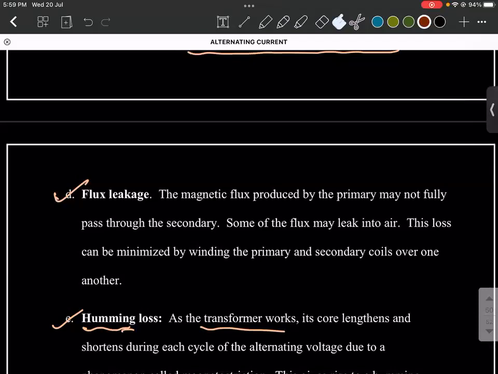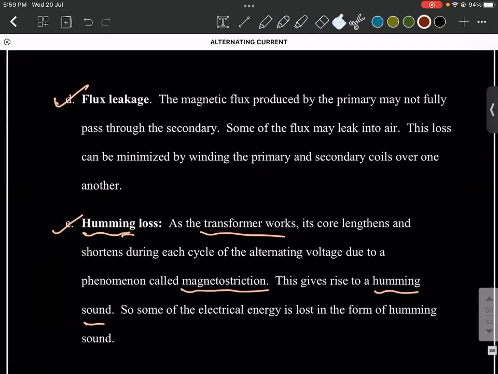And the last one is an extra point that I have added, which is called humming loss. Name is suggesting. Till now, the energy was lost in the form of heat or flux leakage. Humming, name is telling sound. Generally when the transformer works, it gets heated, and the materials are metals. Metals, when heat is subjected, they expand, right?